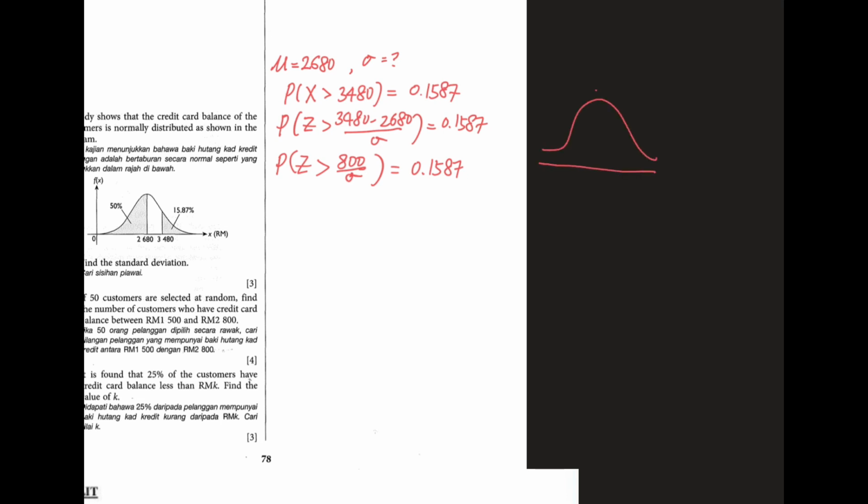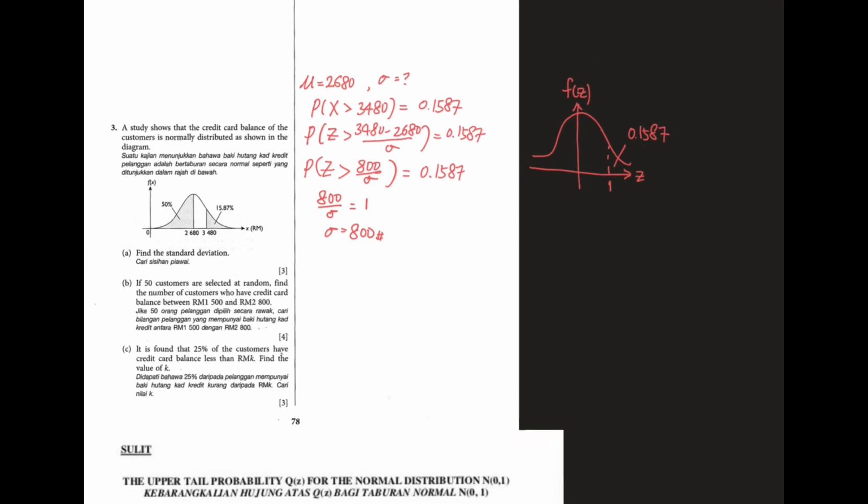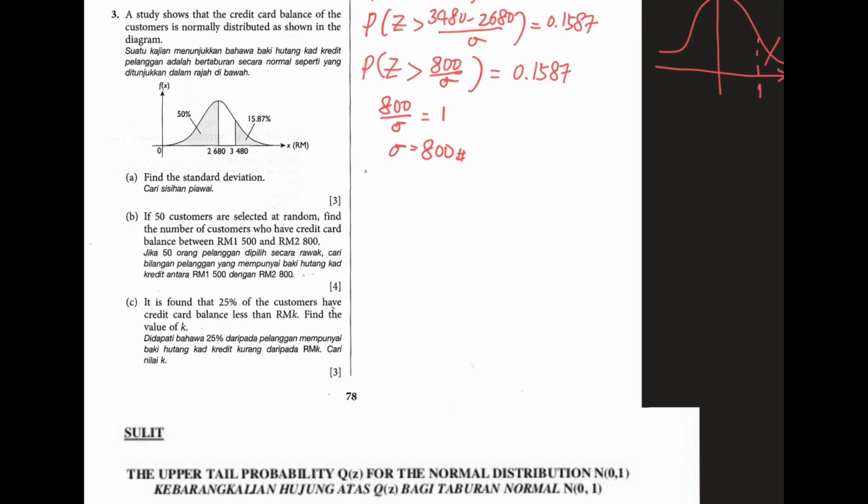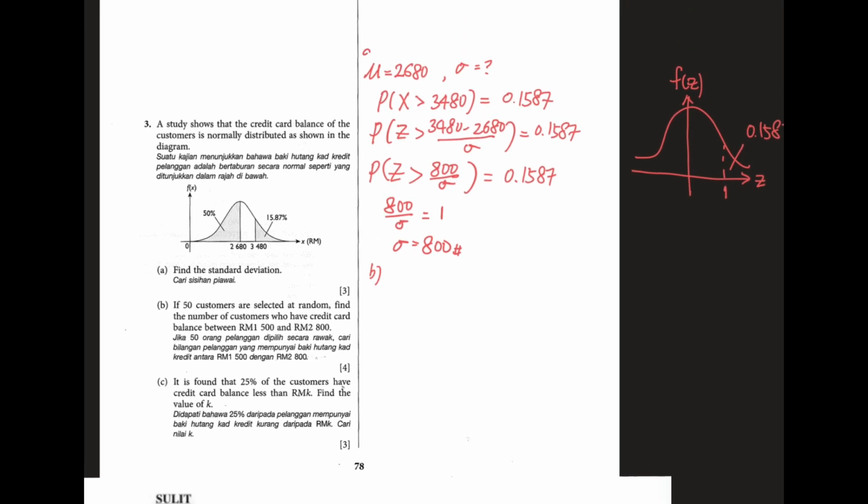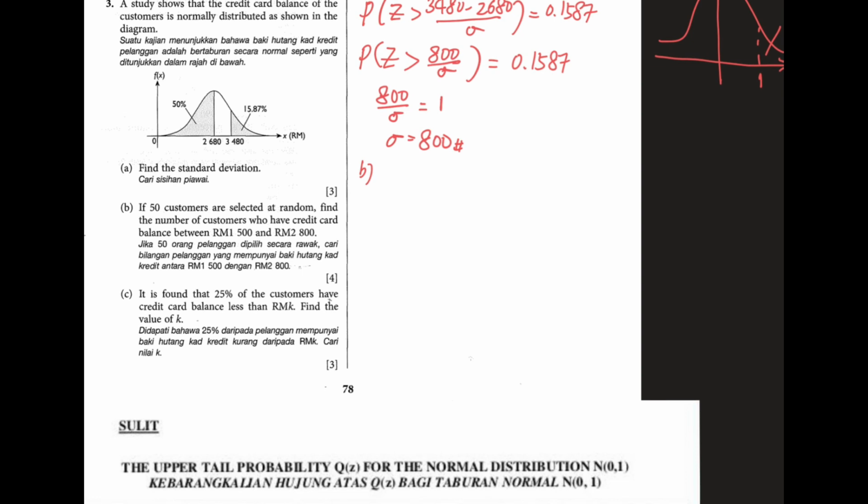From here we know that when you change it to z-score, the graph will look like this, with the maximum in the middle already. 0.1587, the z-score is 1, which is 1. So 800 over sigma, which is the z-score, is equal to 1. Because of that, sigma is equal to 800. So we get the value of the standard deviation.